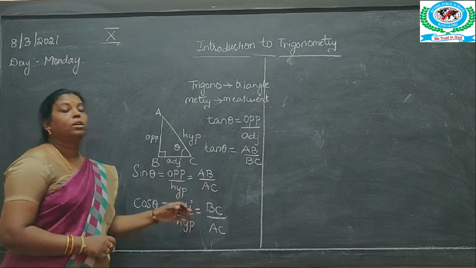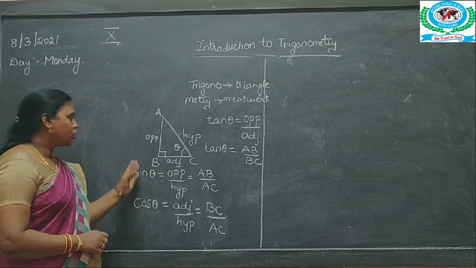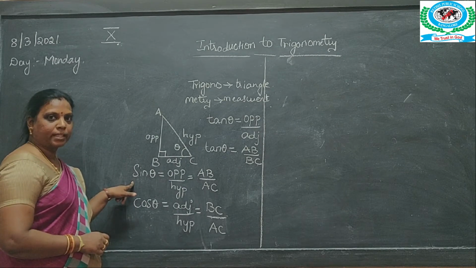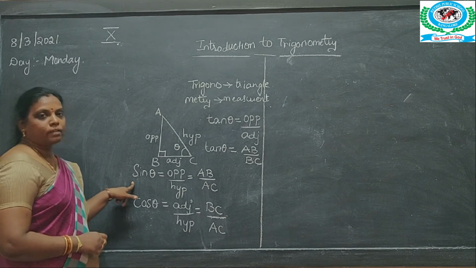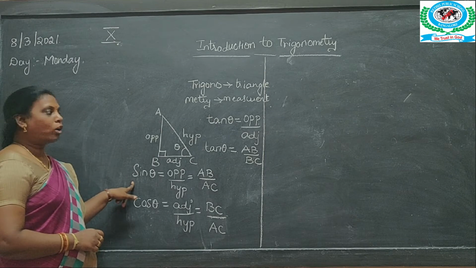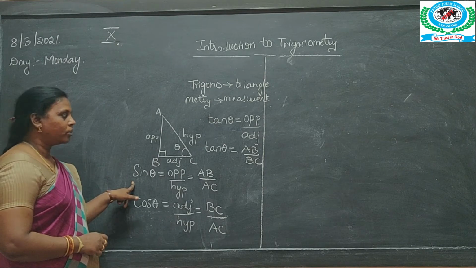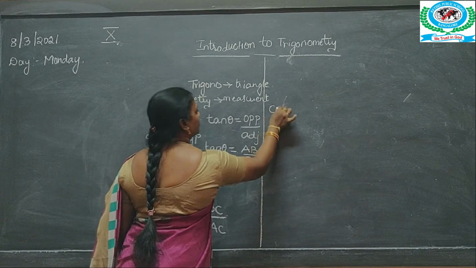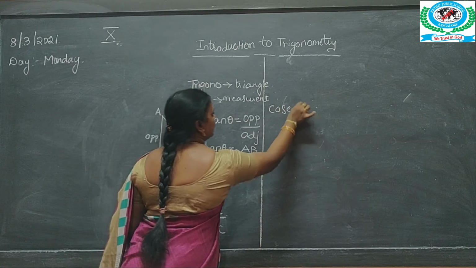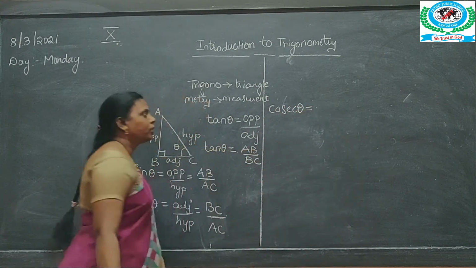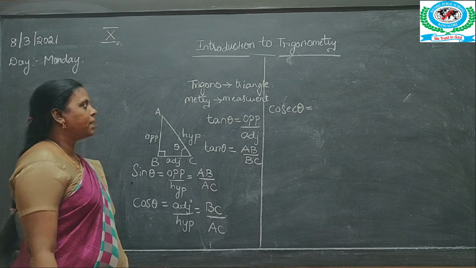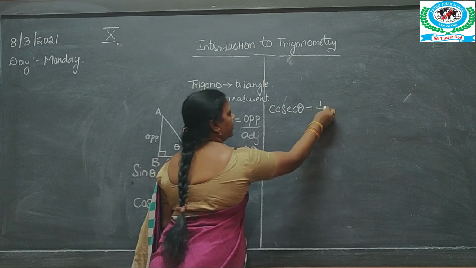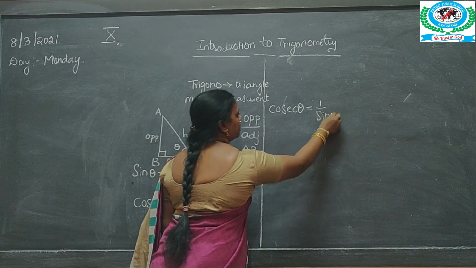The next three will be the inverses of these three. Inverse of sine theta is cosecant of theta. Cosecant of theta is 1 by sine theta.